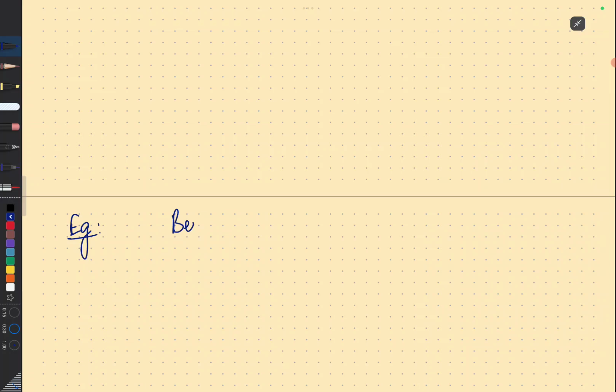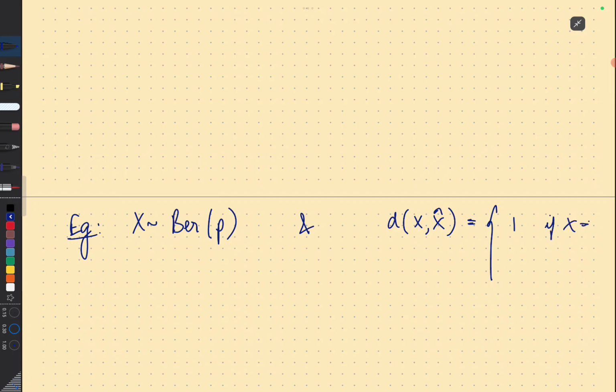Okay. So let's take some examples to see how that works. Let's take a Bernoulli(p) source. So I have a sequence of Bernoulli random variables, and the distortion is the so-called Hamming distortion, which is equal to 1 if X is not equal to X hat, and equal to 0 if X is equal to X hat.